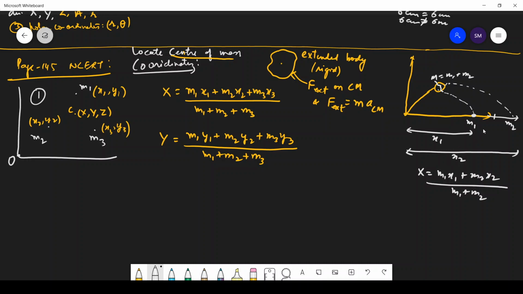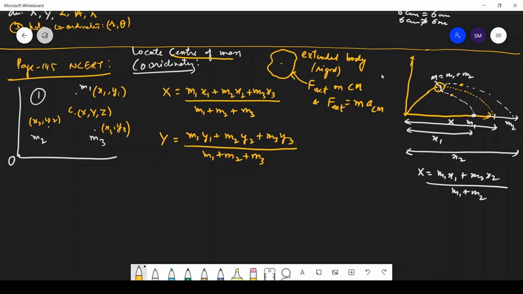Any problems? No? No, sir. So that is my distance x. So students, but the center of mass will keep on moving. So if these are your particles here, their center of mass will be here. So center of mass here is virtual, there is no mass over here.